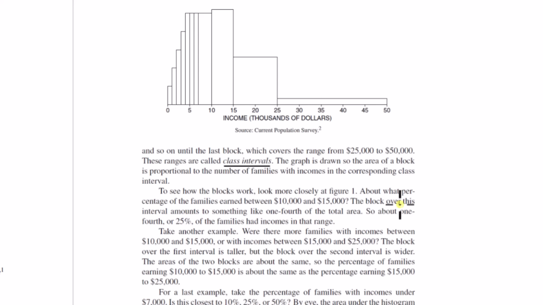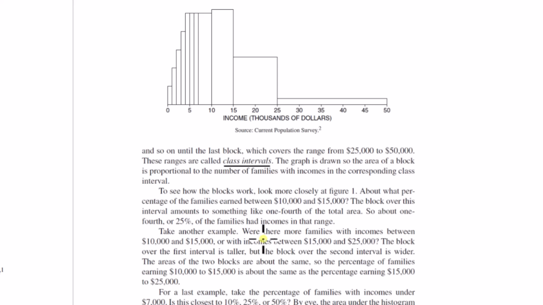The block over the interval from $10,000 to $15,000 amounts to something like 1/4 of the total area. So about 1/4 or 25% of the families had incomes in that range. That means about 25% of the 50,000 American families surveyed fell in this income range, $10,000 to $15,000.